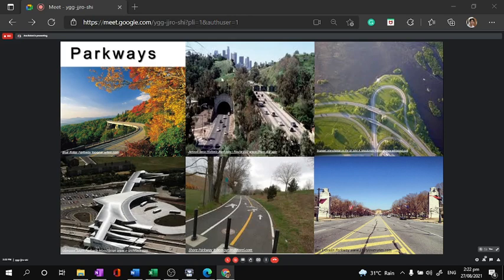Usually, the tunnel leads to a park or a museum area or a wildlife protected area. So this one, Kaninga Road, is used as a parkway. So ang purpose is recreational, tourism, and relaxation of people who will use the road going to a parkway.